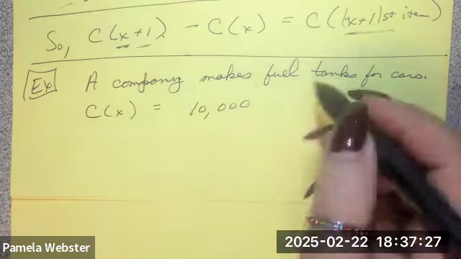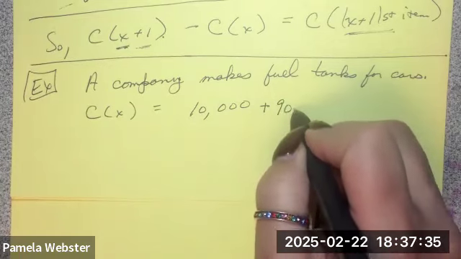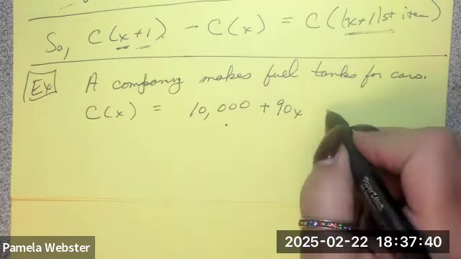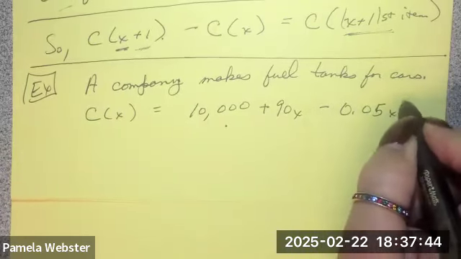Okay. So somebody in the back office put together a bunch of numbers and followed what our company was doing for years and years. And they think that our cost function is 10,000 plus 90x minus 0.05x squared.